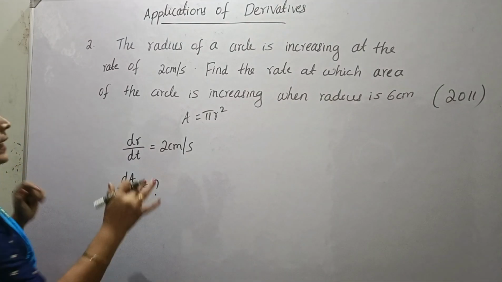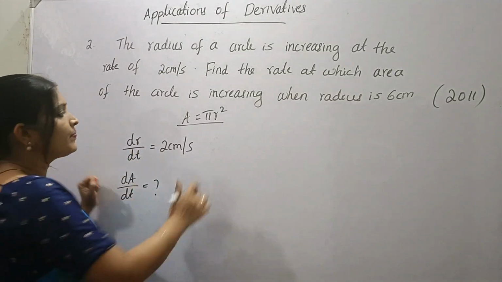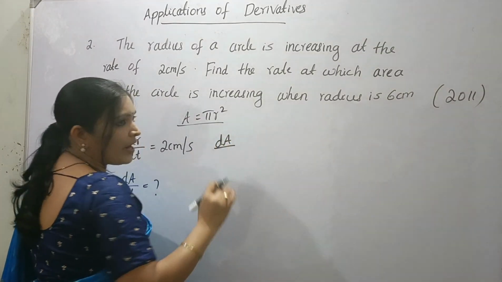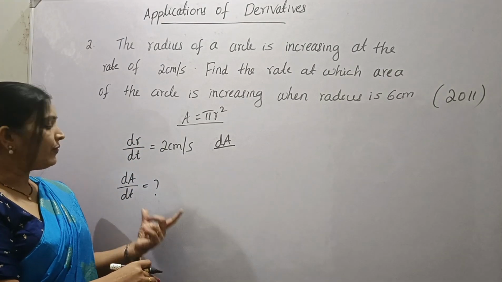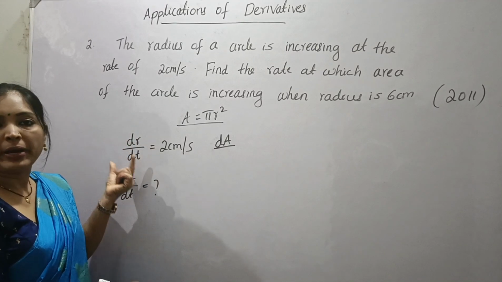Now let's find. A is equal to pi r square is the equation. We will differentiate it with respect to t, because we need dA by dt and we have dr by dt.